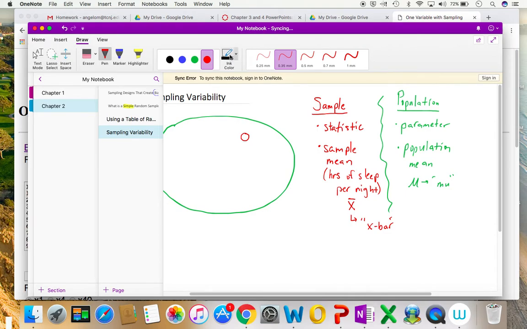Let me just continue this so we keep ourselves situated here. Say we wanted to talk about a proportion or a probability or a percentage.